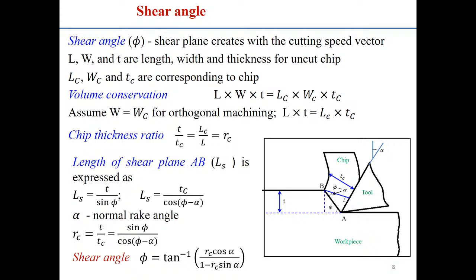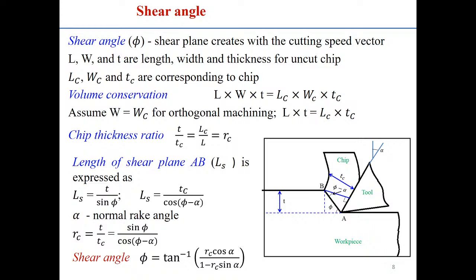Here you can see, the chip thickness you measure is normal to the tool face. The direction perpendicular to the tool face is the direction along which we measure the chip thickness, not in any other position. Then we maintain volume conservation. That means before cutting and after cutting the volume should be the same. For example, L W into t.